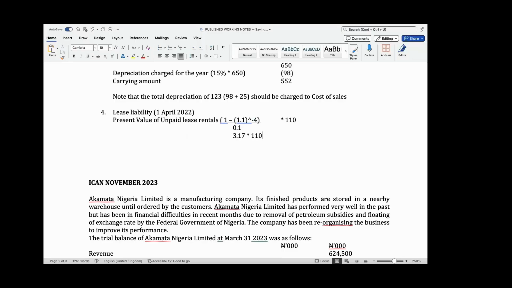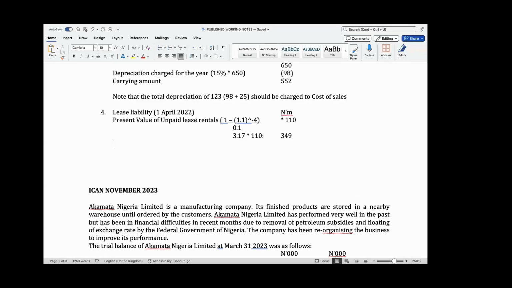Multiply that by 110 million. It gives 348.7, so let me approximate to 349 million. That is my lease liability at the start of the year.